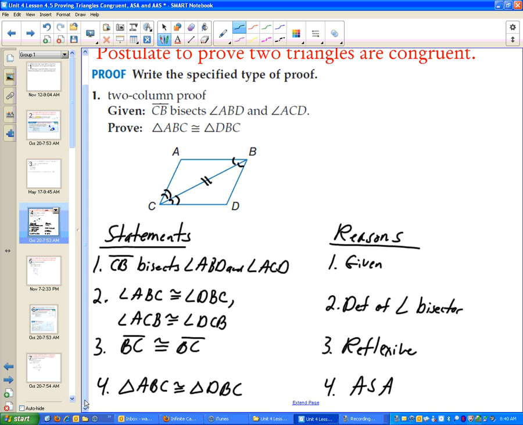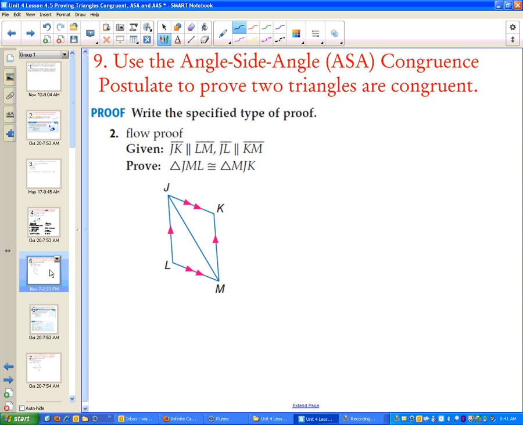And like I said, that's what makes these a little more difficult as we learn more methods, because then you have more choices. So it's one of those double-edged things. More choices means you're more likely to be able to prove it, but more choices also means now you got to try to figure out which method's going to work. And depending upon what information they give us, there may be more than one method that will work. Okay? All right, let's do number 2.